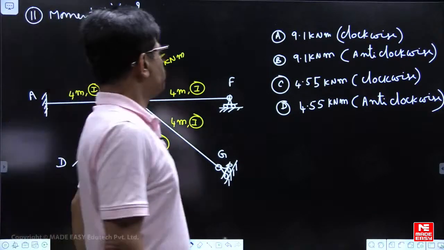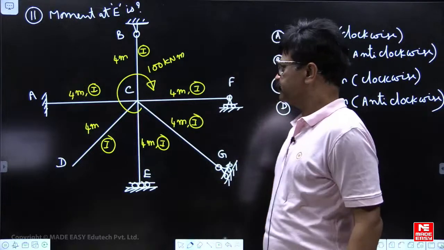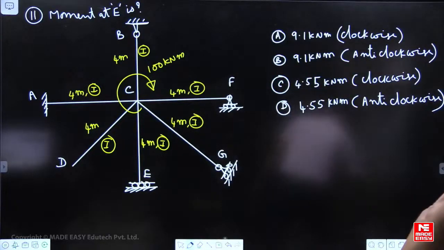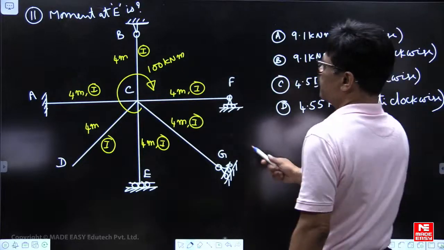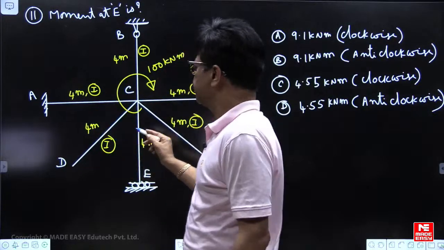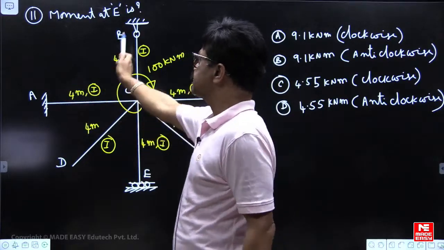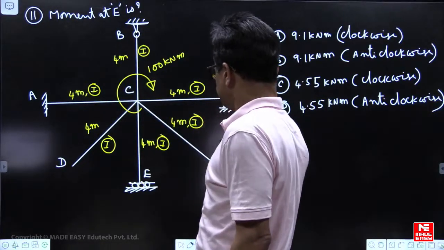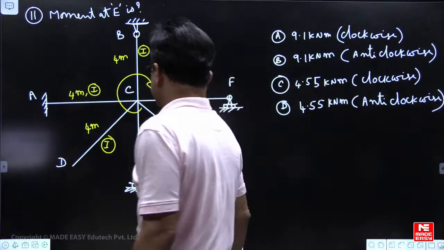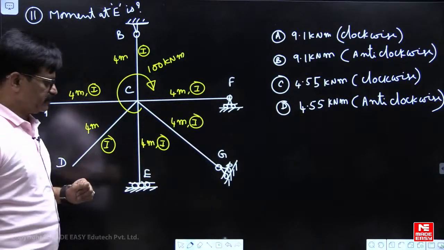Okay. Now come to this one. Moment at E. This is in the moment distribution method. So C is a rigid joint, one is fixed, hinge, roller, guided roller support, free end. So how much moment is developed at E?